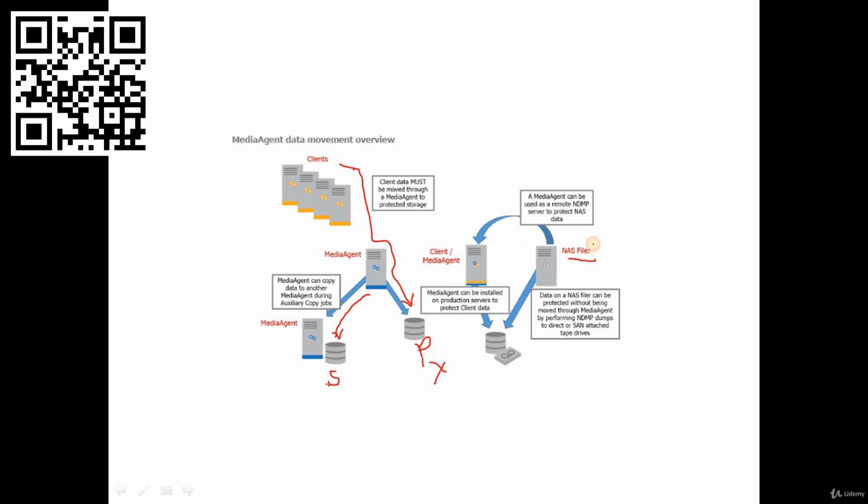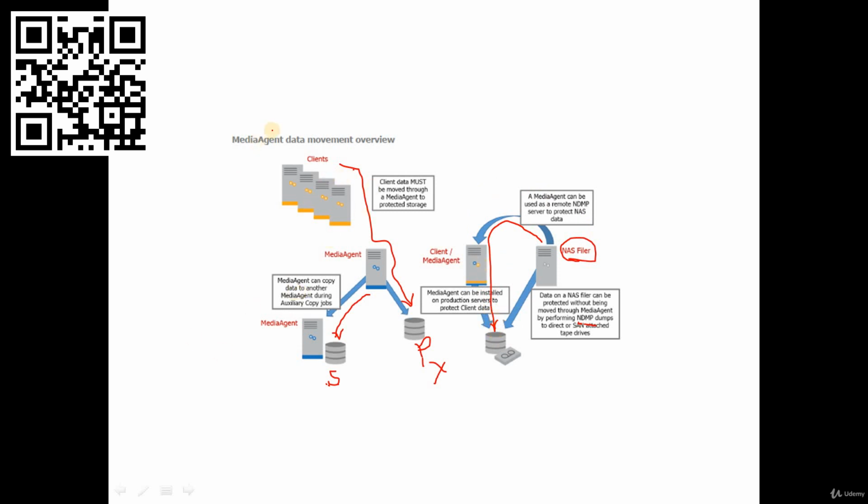If you have a NAS filer, because NAS filers can also have direct connectivity to the disk library or to the tape library if you configured them as NDMP. So if your NAS filer supports NDMP, then a media agent can be used to send the data directly to the disk library, or the NAS client can send it to the media agent, and then the media agent can store it into the disk library.